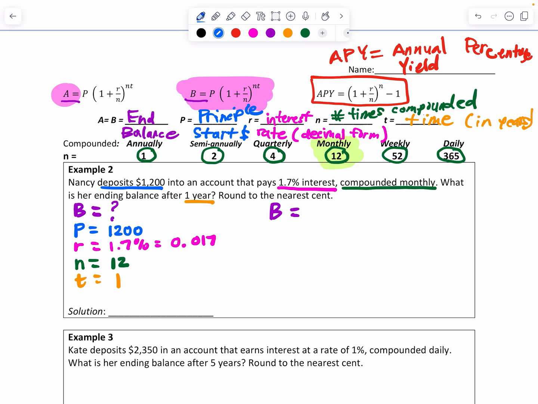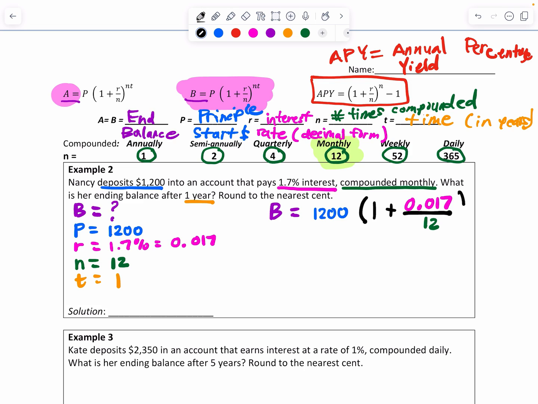Using that formula, I don't know what B is, so it'll just be B equals P, which is 1,200. And then you see those parentheses? The times 1 plus. That 1 plus is always going to be there. I'm not changing that value. And then there's R, which I know to be 0.017 divided by N, which is 12.